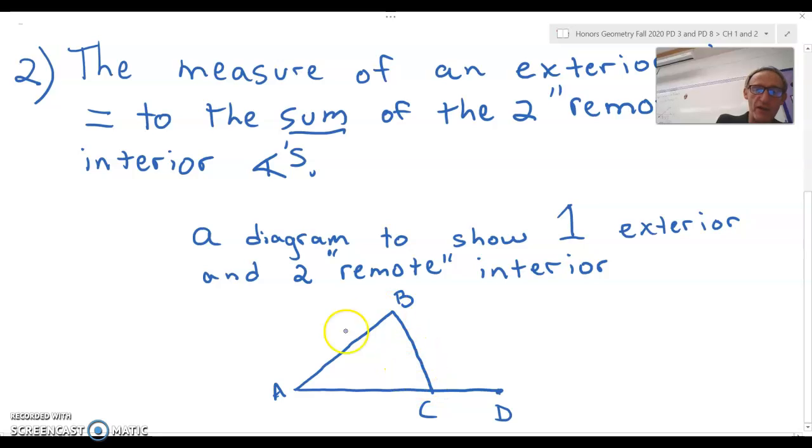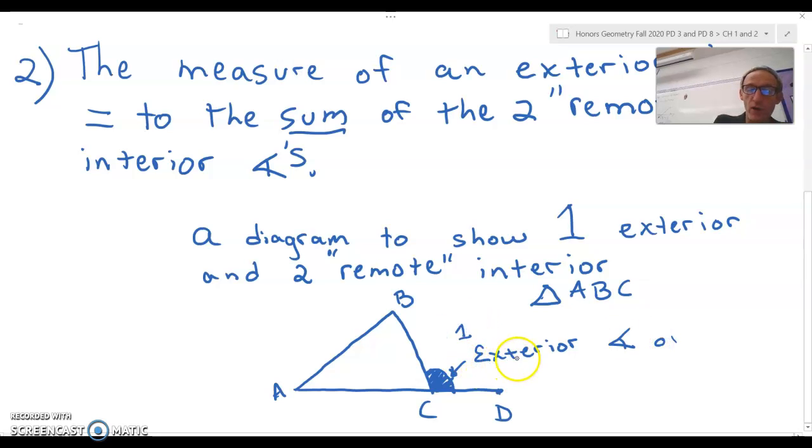Okay, here's the triangle. So triangle ABC. This angle here is the exterior. So this angle right here is one exterior angle of triangle ABC.